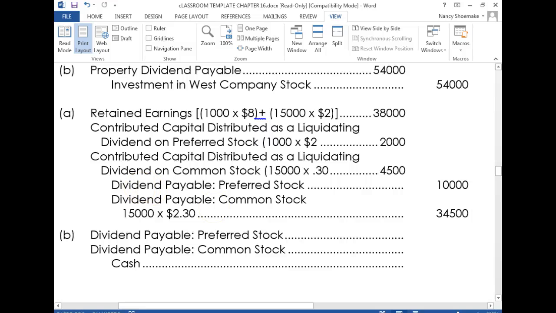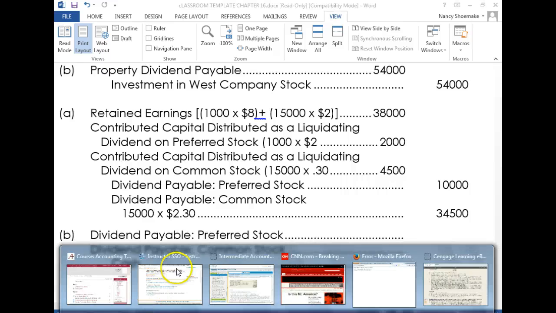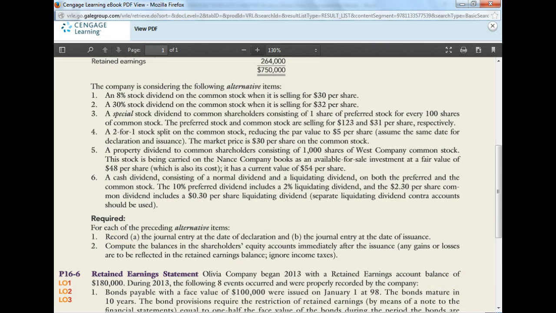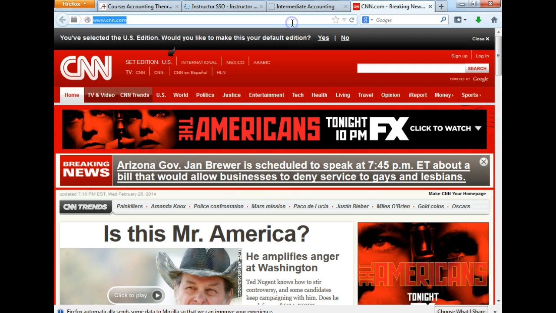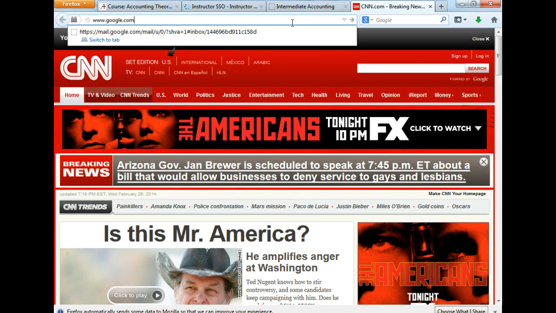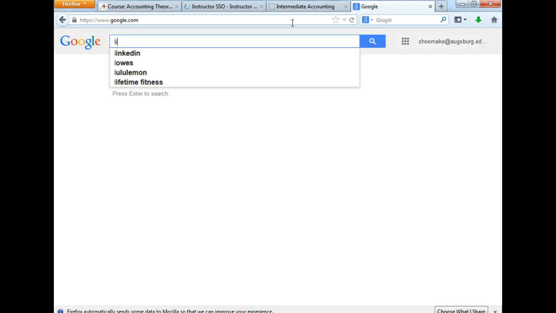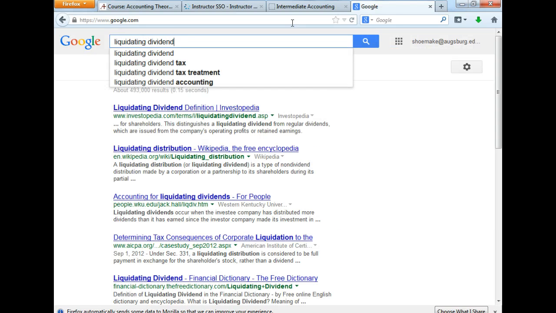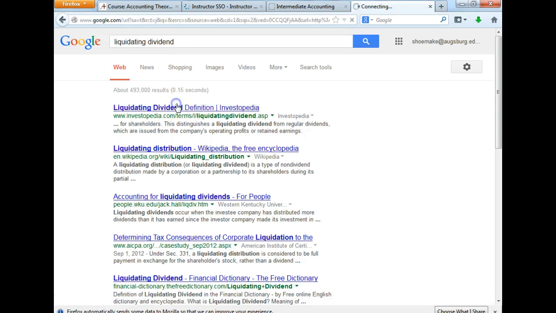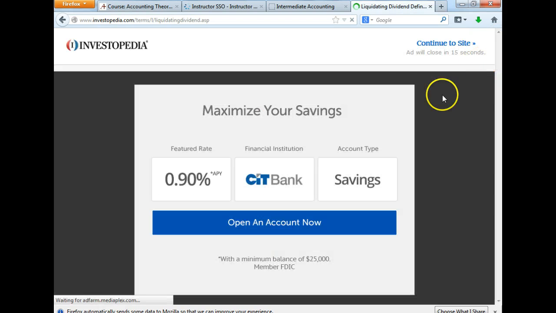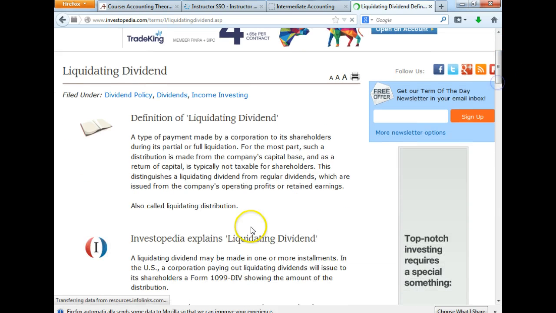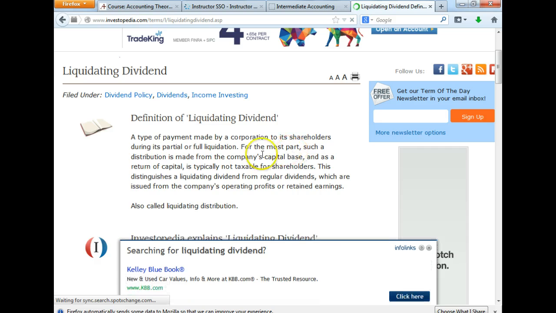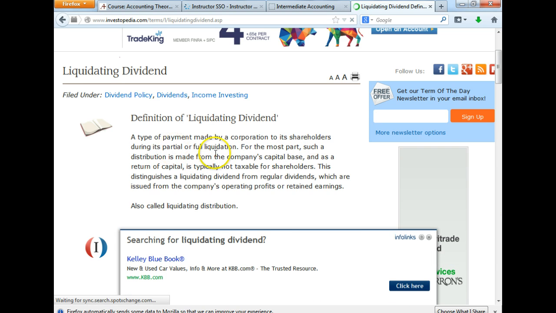You know what? Let's Google this, okay? Let's Google it. Liquidating dividend. A liquidating dividend is a type of payment made by corporations during its partial or full liquidation.